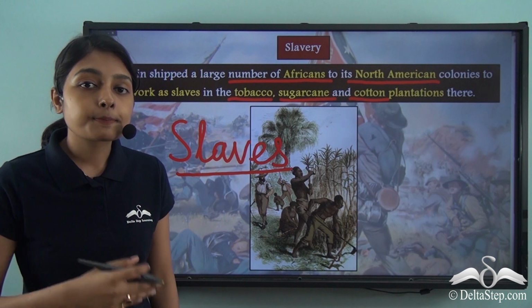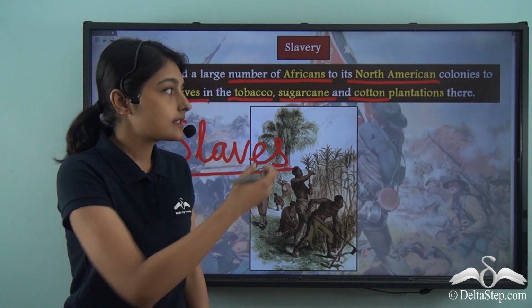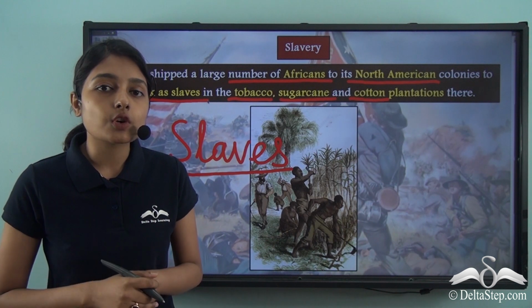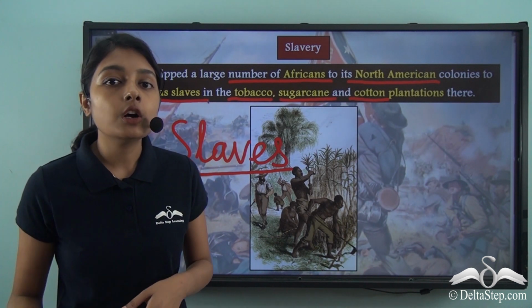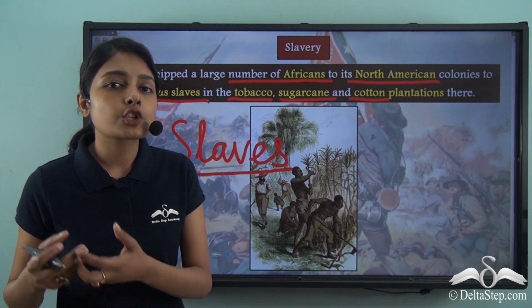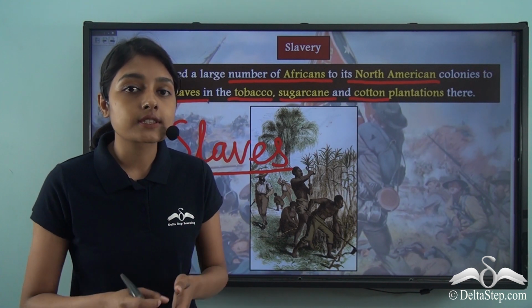That is, these people were now forced to work as slaves in these tobacco, sugarcane and cotton plantations. And in this way, Britain was also able to exploit these vulnerable people who were shipped to North America as slaves. Britain tortured these people and also inflicted violence on them.